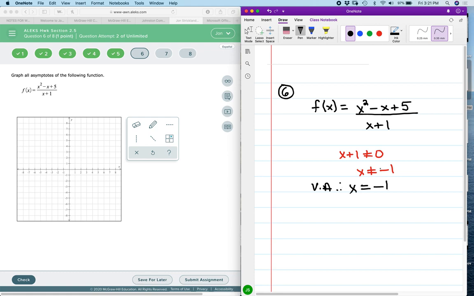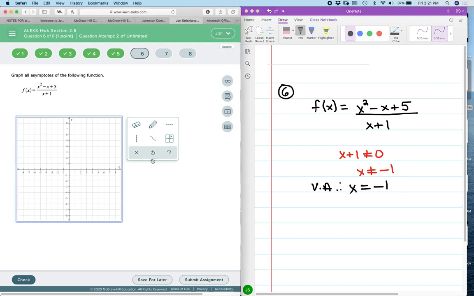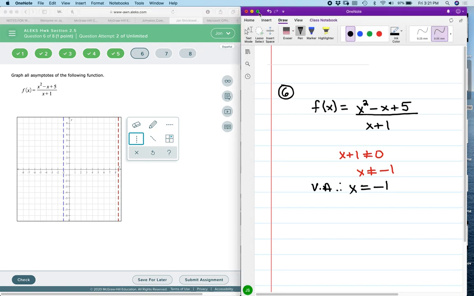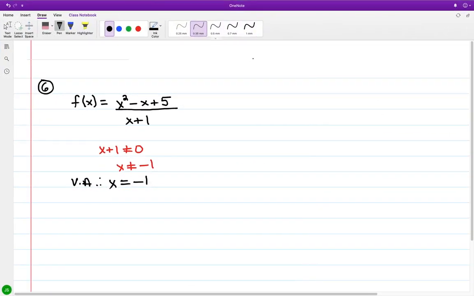So here we have x equal to negative 1 placed. And in terms of any other asymptotes, we compare the degrees of the numerator and denominator.